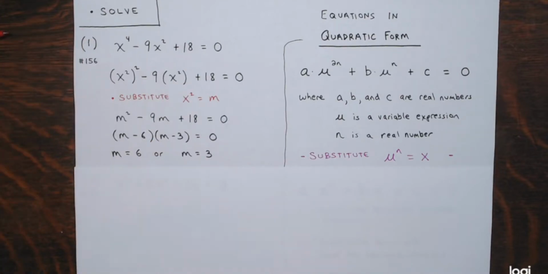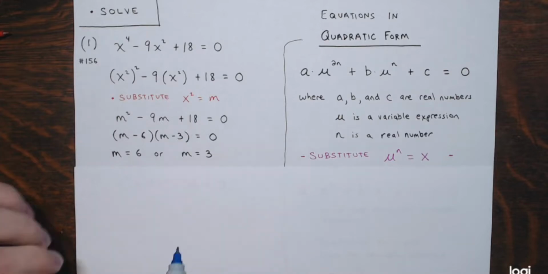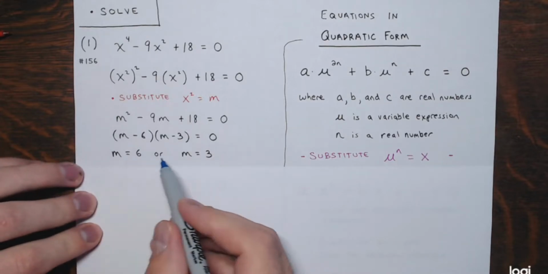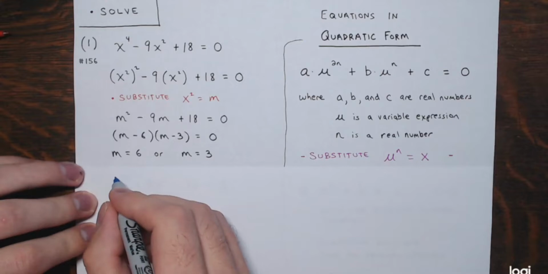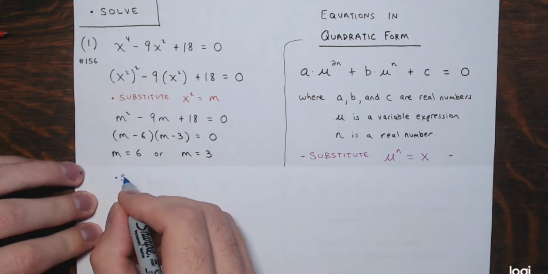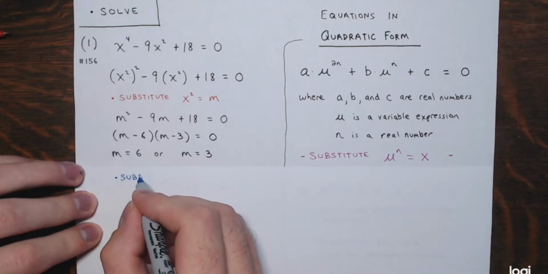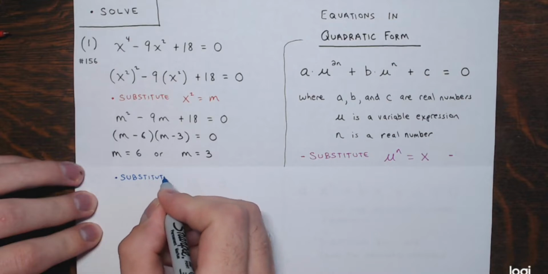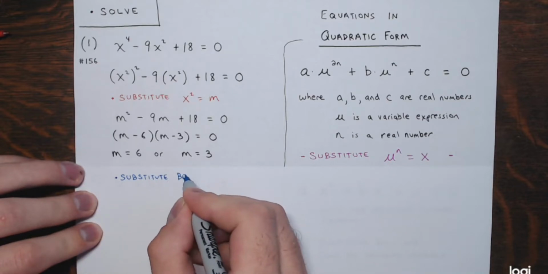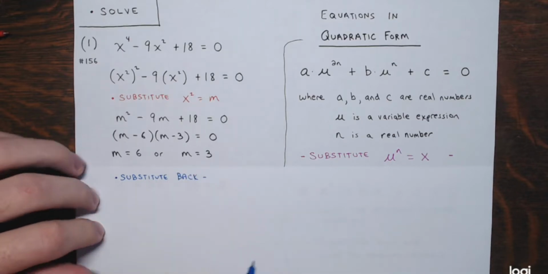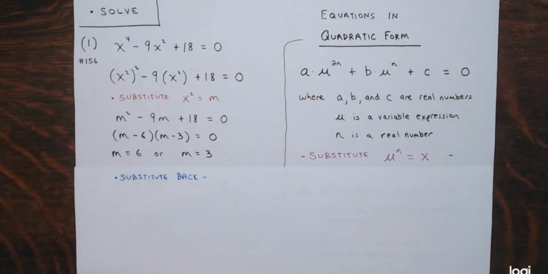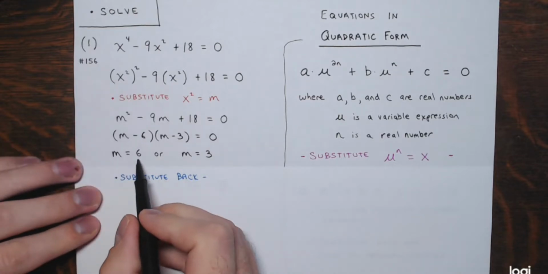So now that I know that m can be 6, m can be 3, we substitute back. So, m equals 6.